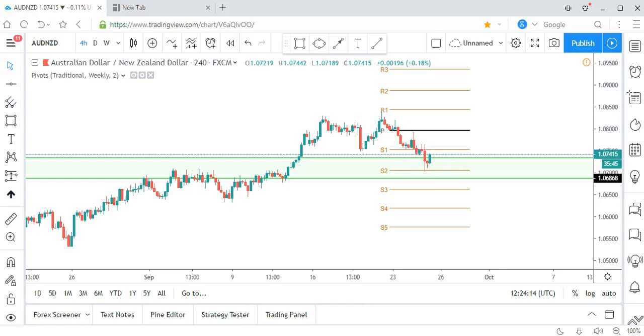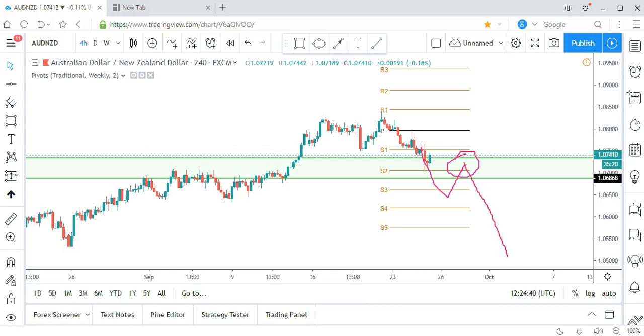So the possible scenario here is that if you want to sell, you need to wait for price to close below the S2, which is the key zone there, and retest. Then when it retests the S2 or S1 again, and you get a bearish impulse from here or price rejections from here, that is when you sell.